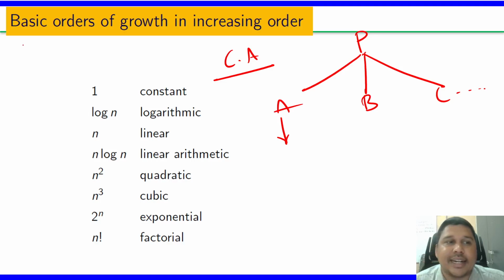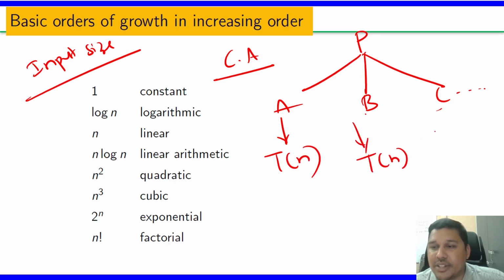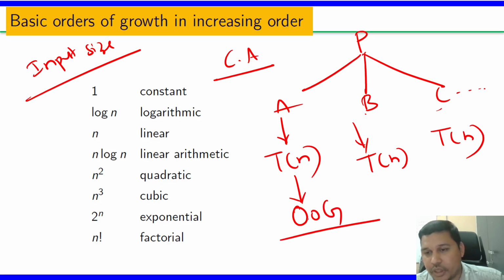It does not depend on the input size, because a program is machine independent and language independent. Some machines may perform better, some may not. For that reason, for each of those algorithms, we try to find out the running time, and for each running time, we try to find out the order of growth.